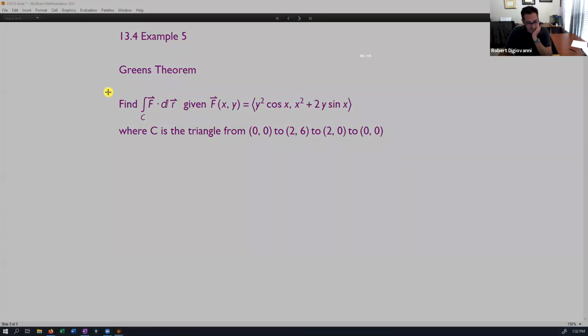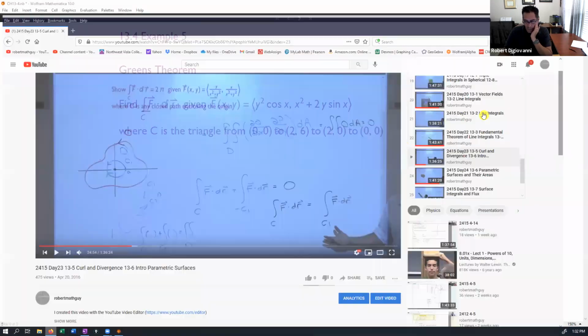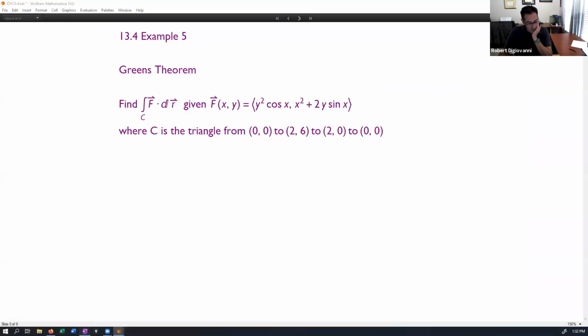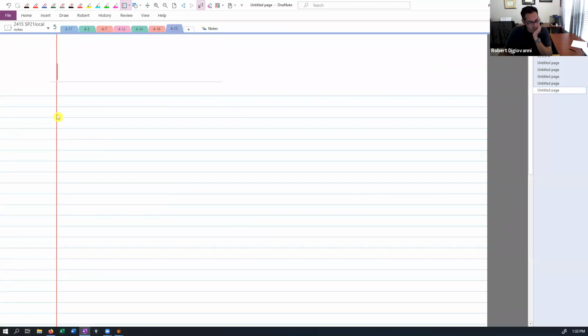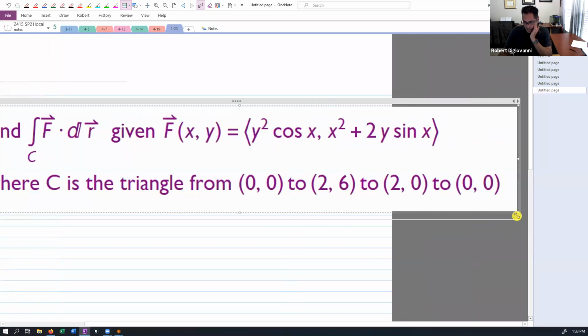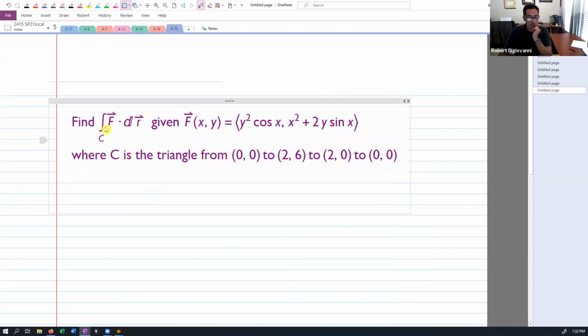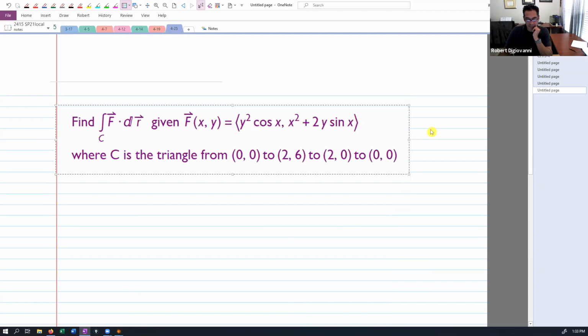Another problem. Time to calculate work. So how is this related to what we're doing right now? We're doing work. So we want to calculate the work integral where our vector field is this and C is this triangle. So let me just first draw our triangle.